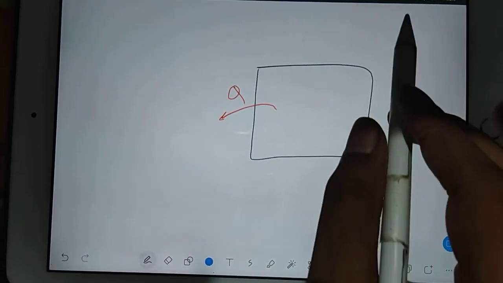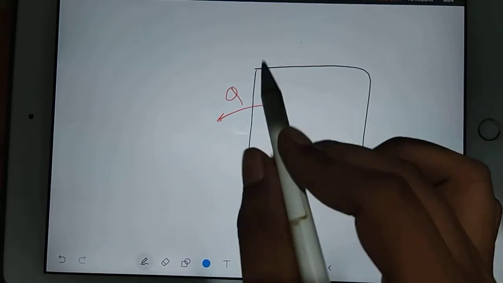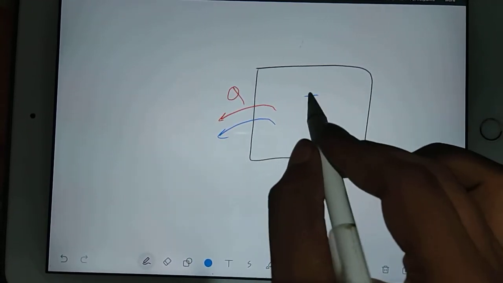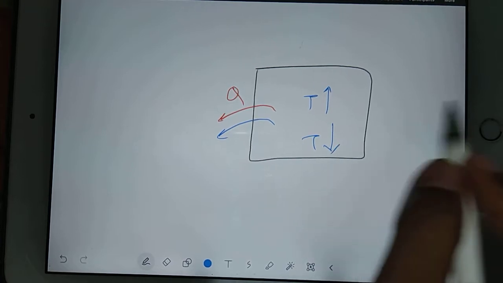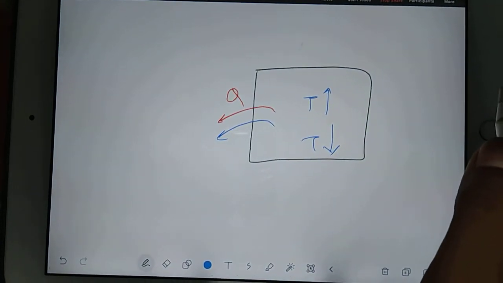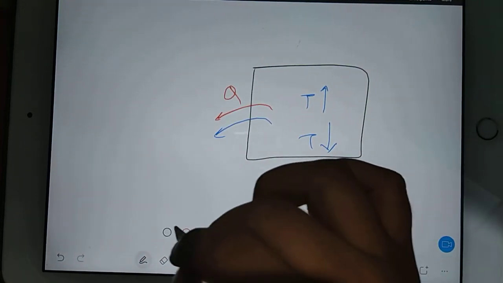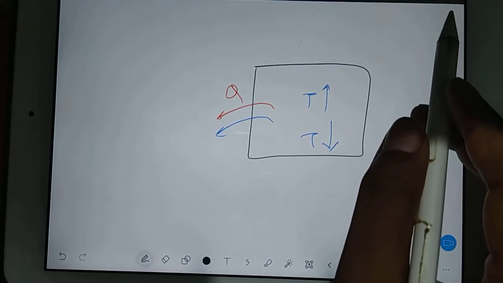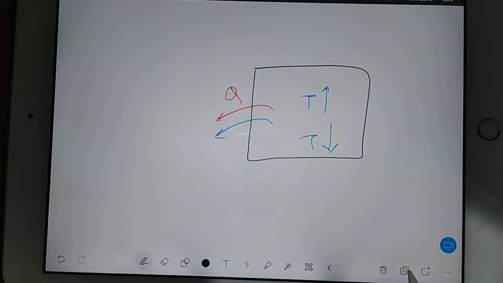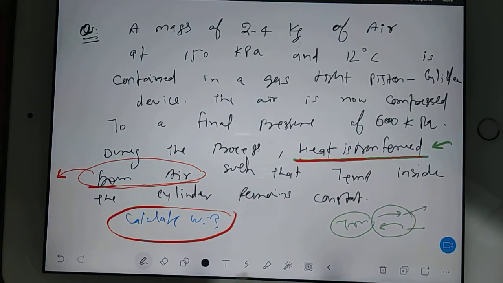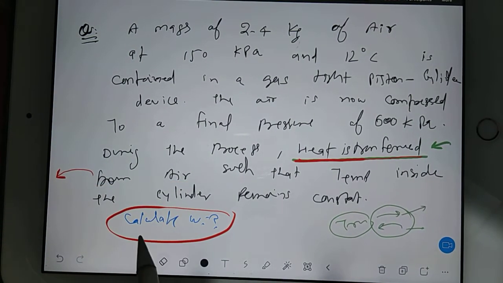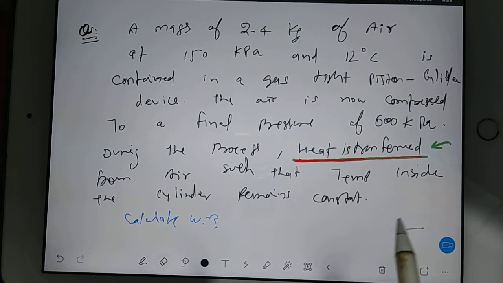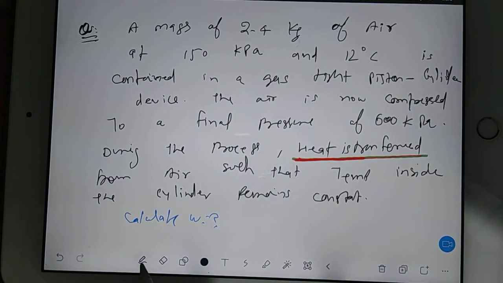Okay. In basic lifestyle, whenever you send heat out, temperature should increase or decrease? Guys, tell me the answer. It should decrease. But read the question, what they are saying is constant.